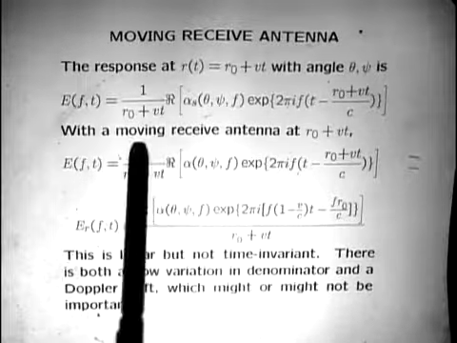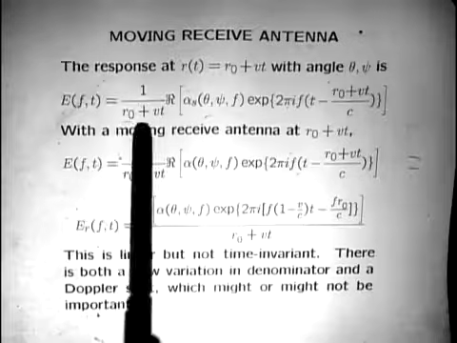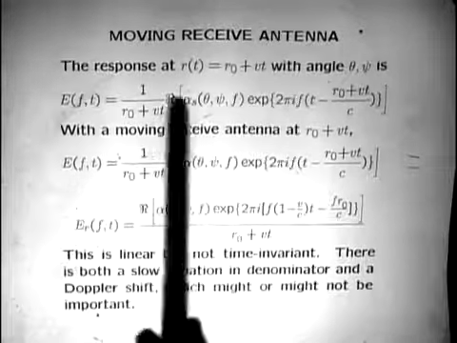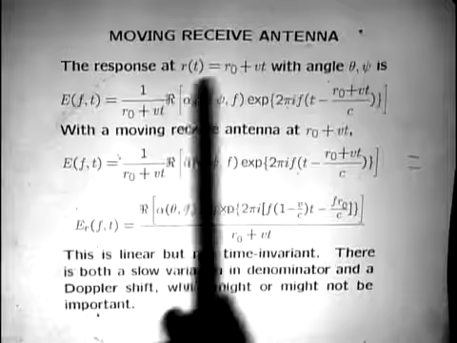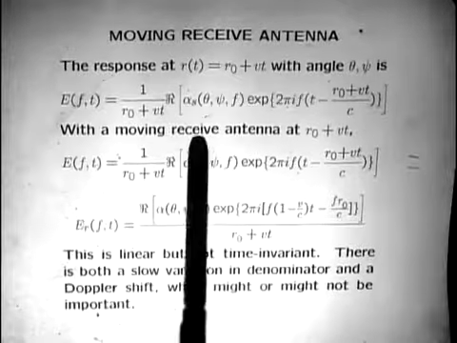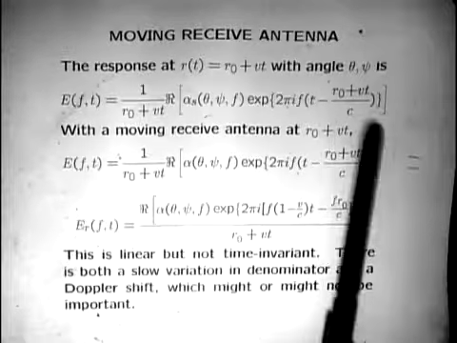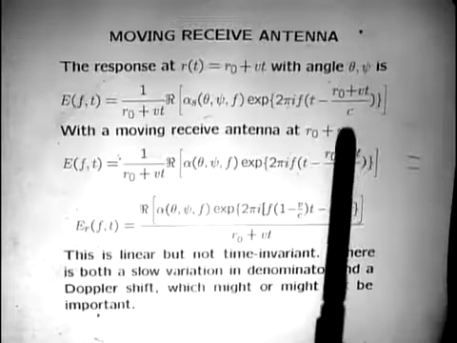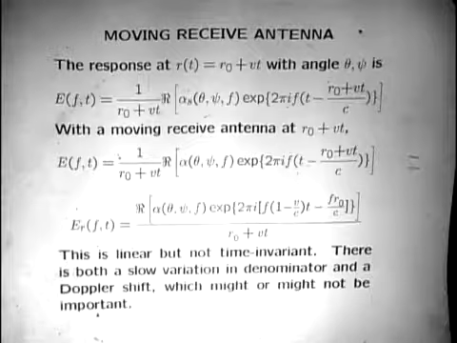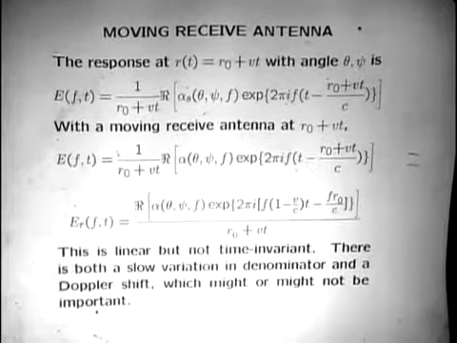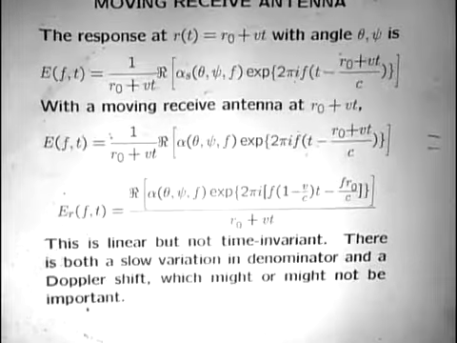So there's a time dependence with this now. It's 1 over r0 plus vt times the real part of this antenna pattern, which we'll assume remains fixed, times e to the 2 pi i f times t minus (r0 plus vt) over c. This is for a velocity away from the antenna.